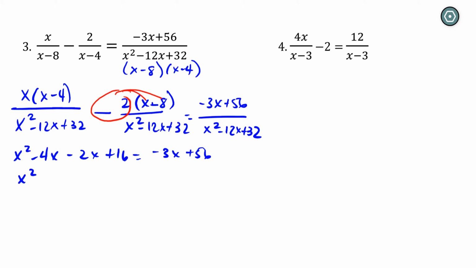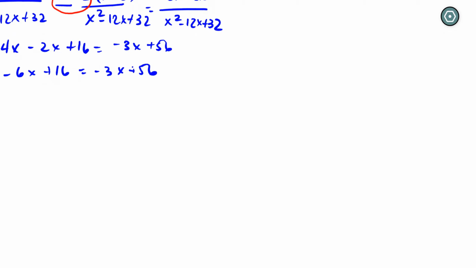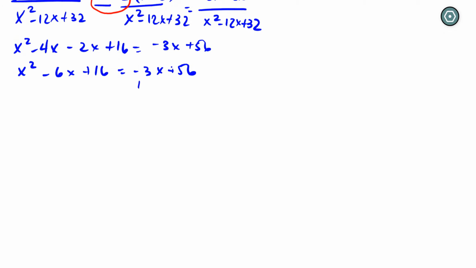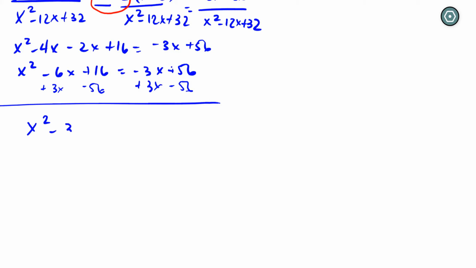So first combine some like terms. And then move some terms to the other side. So we have x squared minus 3x minus 40 equals 0.